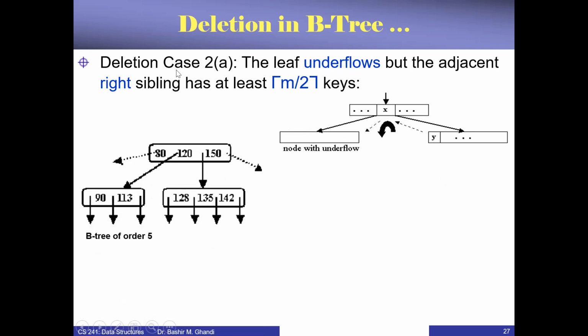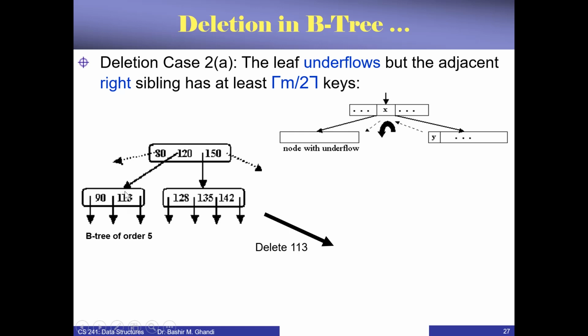Suppose this is the situation you have in a B tree of order 5. Remember, for order 5, the minimum number of keys is 2. All right. So suppose we wish to delete 113. 113 is already on a leaf node, so there is no swapping needed. Just try to delete the 113.